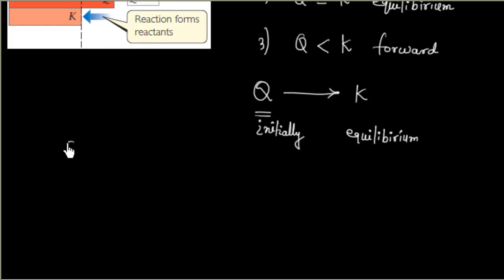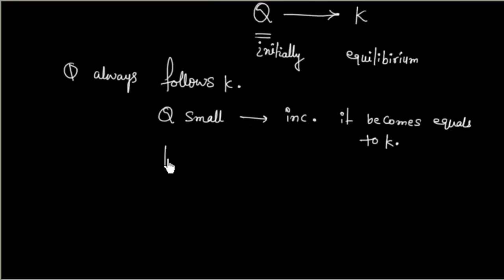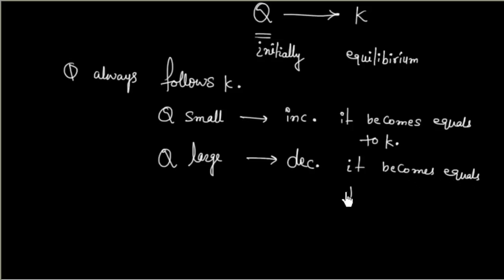So the important point is that Q always follows K. If Q is small, then we have to increase it so that it becomes equal to K. The second point, if Q is large, then Q has to finally follow K, that is, I have to decrease Q until it becomes equal to K. And when Q is equal to K, that is the perfect situation of equilibrium.